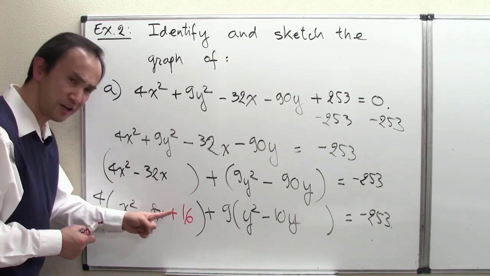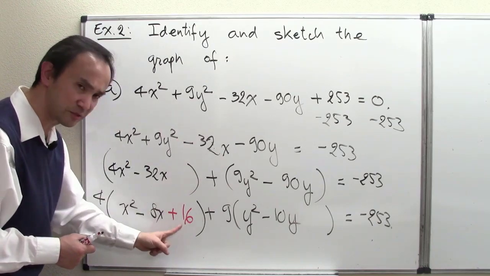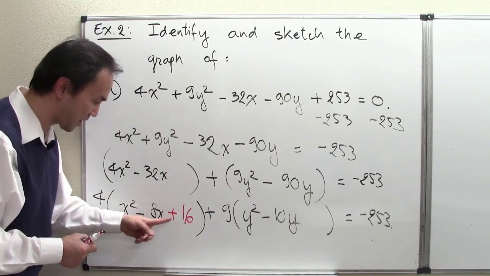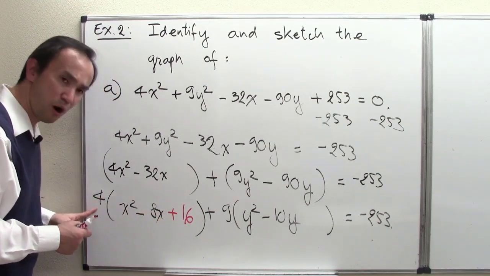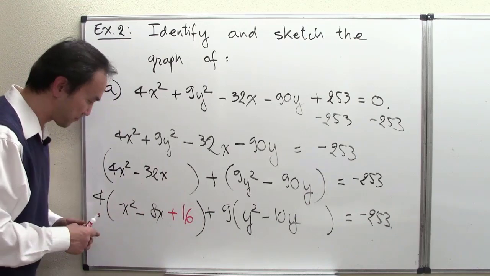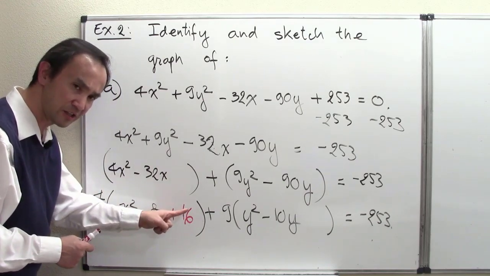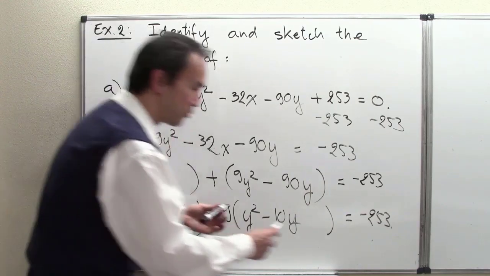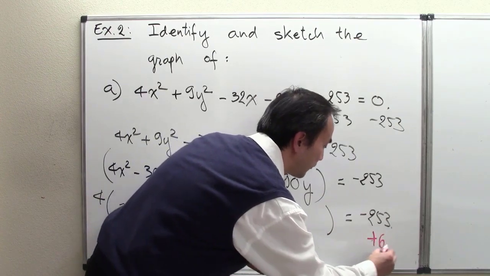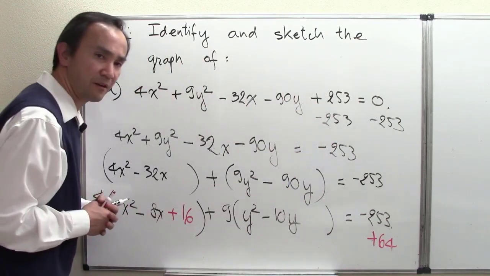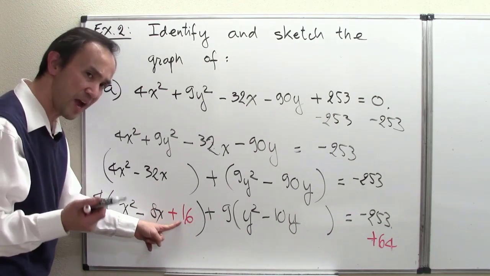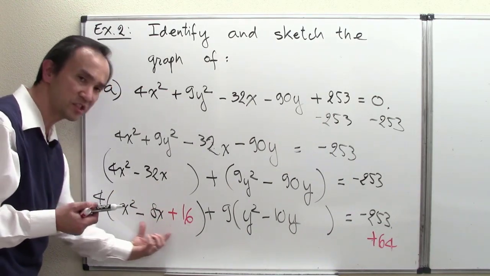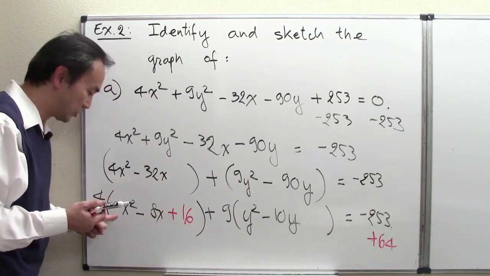But in the rules of algebra, we cannot just brutally add a number. Adding a 16 to the inside of the parentheses means there's always a 4 multiplied with that 16. So 4 times 16 is 64, and I am going to add that 64 to the other side. Once again, I added a 16 inside of this grouping parentheses to complete the square.